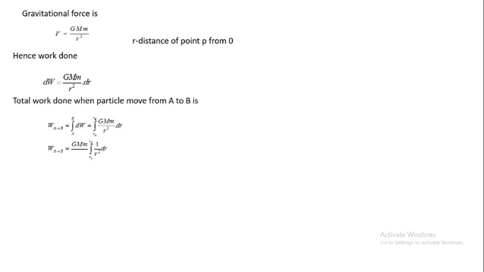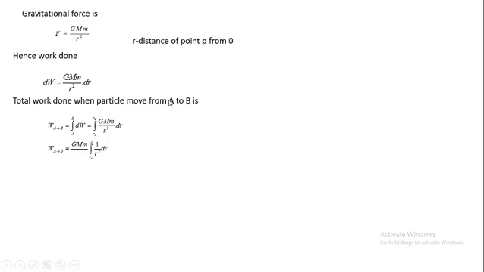Hence, the work done now becomes dW equal to GMm upon r square into dr. Now G is a gravitational constant, so it is constant. M is the mass of the heavy body, it is also constant. Small m is also the mass of the body, it is a constant. r is the distance between them, and it varies.